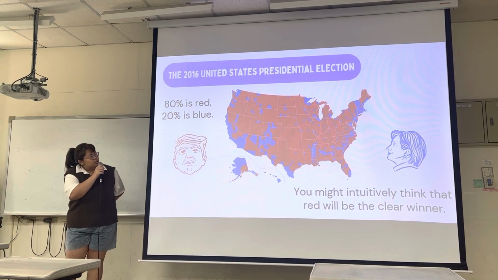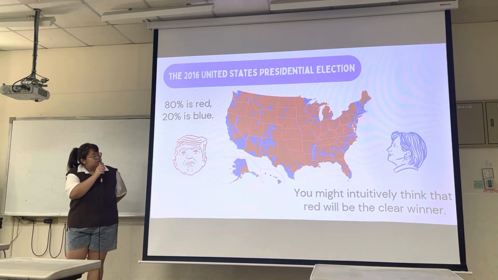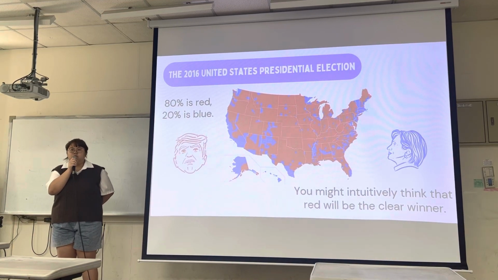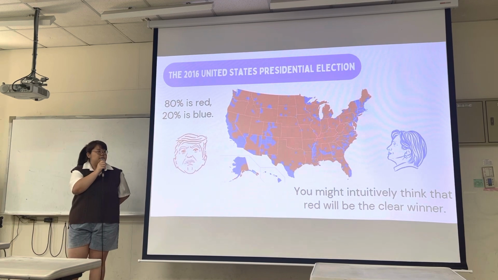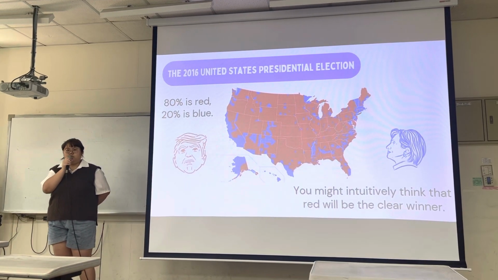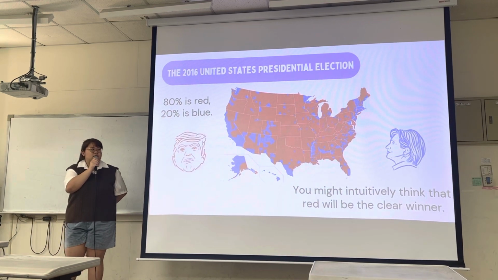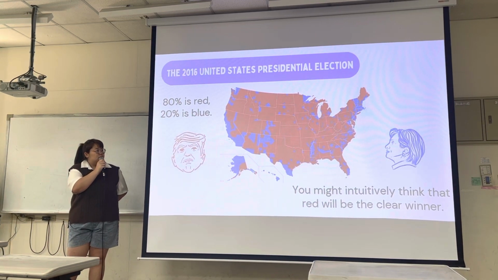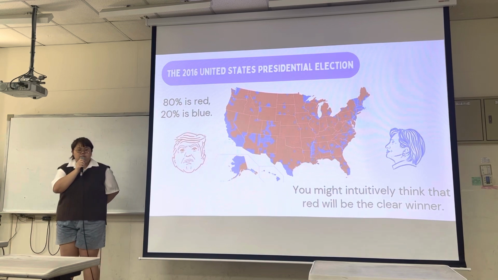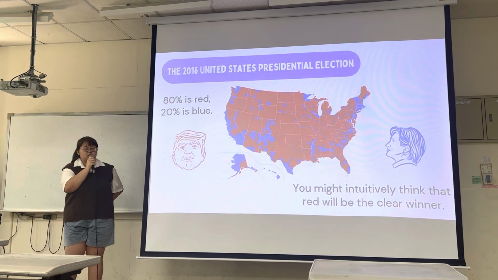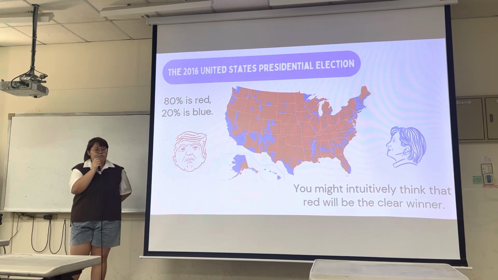So you can see many counties that supported Donald Trump were actually located in large but sparsely populated areas, whereas counties that supported Hillary Clinton were located in densely populated urban areas. Thus, even though it seems like Donald Trump has much more support based on the size of the area, the difference between them was not significant.